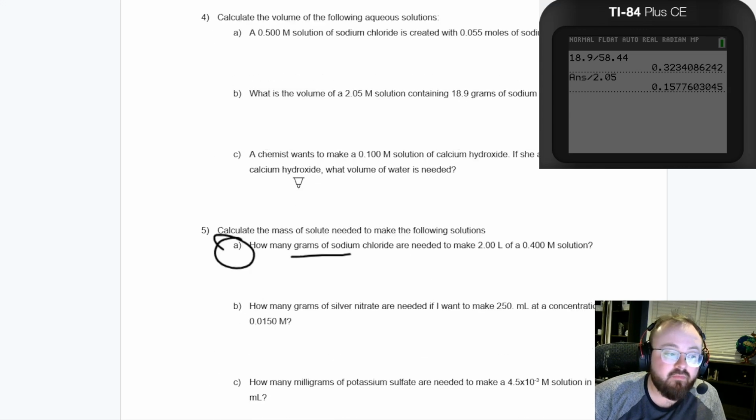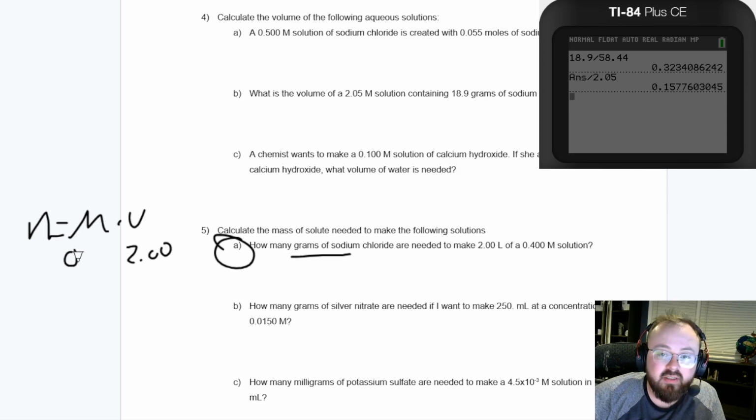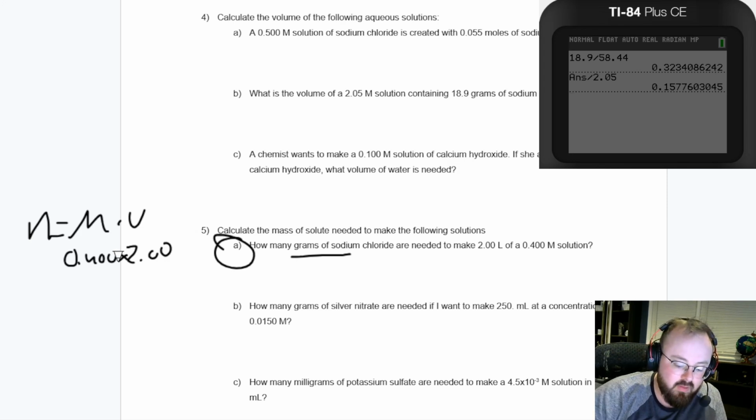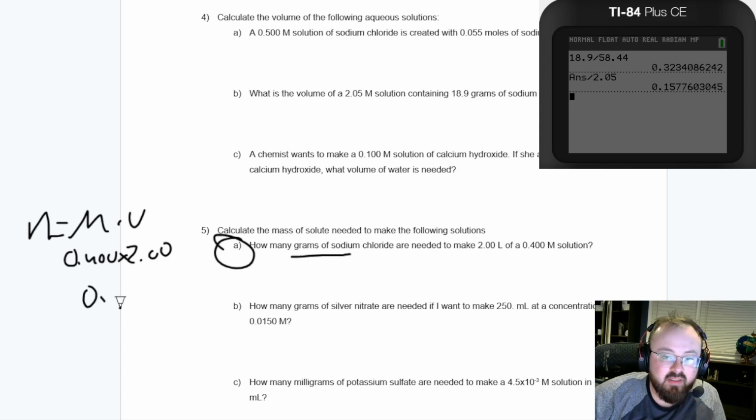Same thing. So we said that n is M times V. Watch that if you want to know how I get there. So my volume is 2.00. My concentration is 0.400. Right? I multiply those two together. I get 0.800 moles.